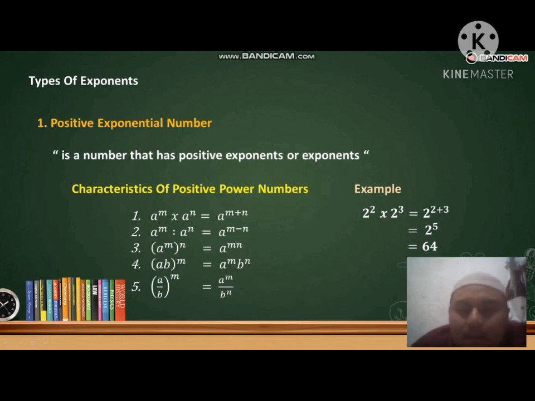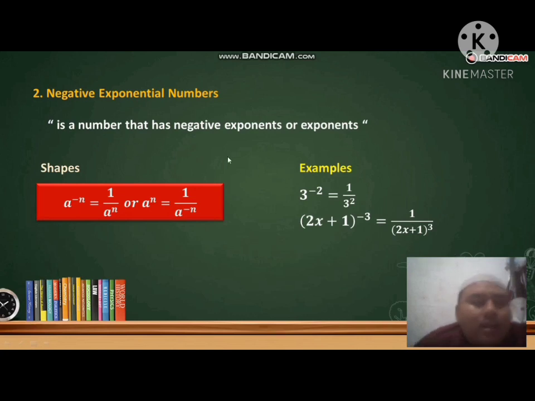Okay friends, the next material. Number 2, negative exponential numbers. What are negative exponential numbers? Negative exponential numbers are numbers that have negative exponents.